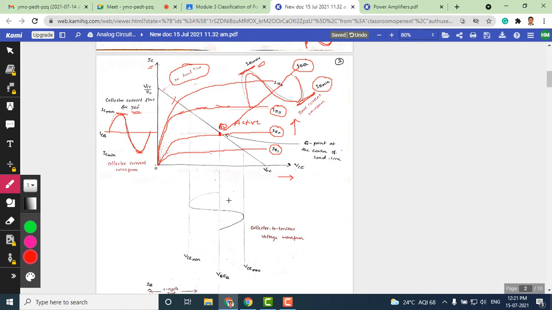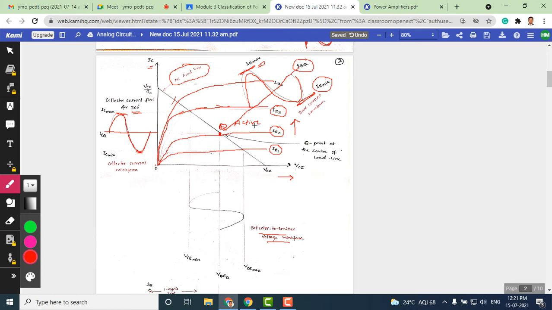Another waveform which is important is the collector emitter voltage. So this is the collector emitter voltage waveform. We know that the collector emitter voltage waveform is 180 degrees out of phase with reference to this. That's why the positive here will be negative here. So the base current and collector current are in-phase signals. You might have observed this in the laboratory also.